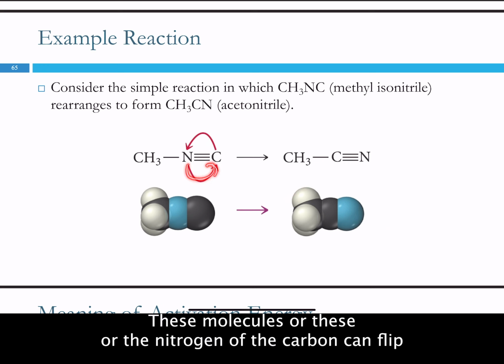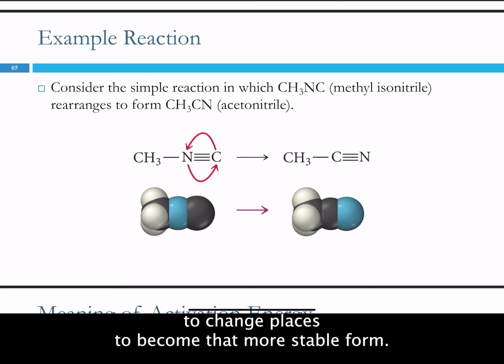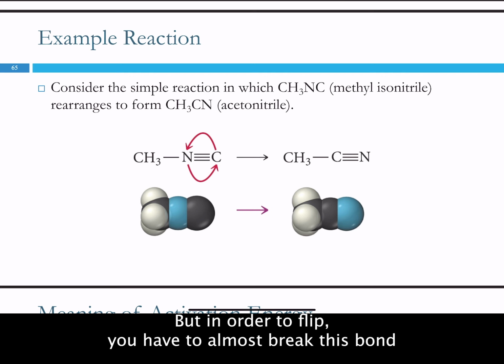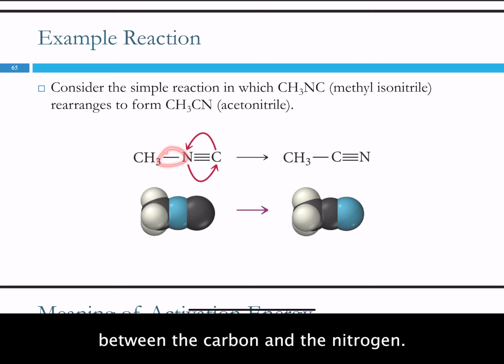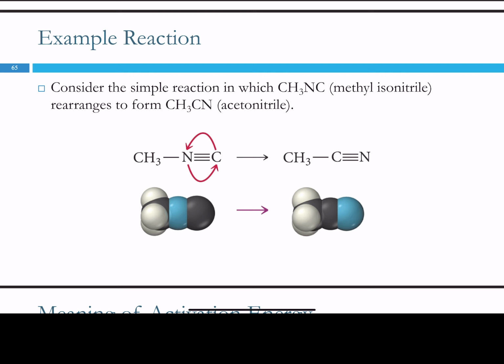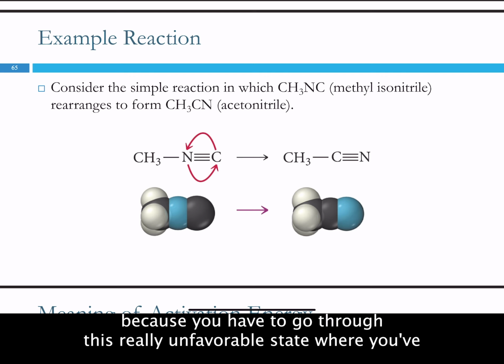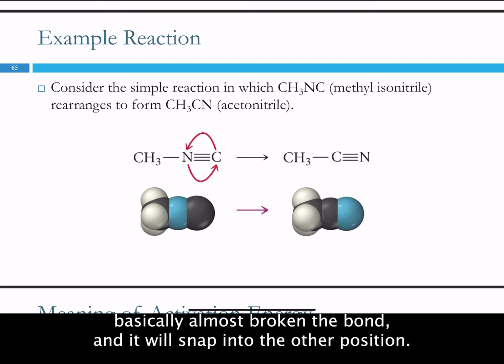The nitrogen and the carbon can flip to change places to become that more stable form. But in order to flip, you have to almost break this bond between the carbon and the nitrogen. And that takes a lot of energy, because you have to go through this really unfavorable state where you've basically almost broken the bond and it will snap into the other position.